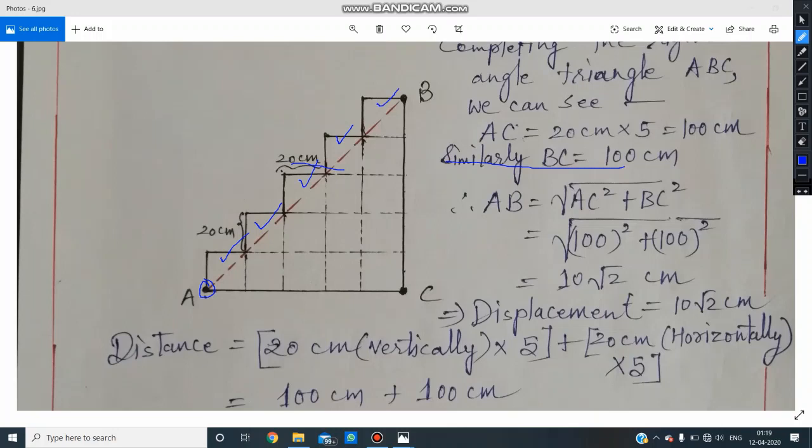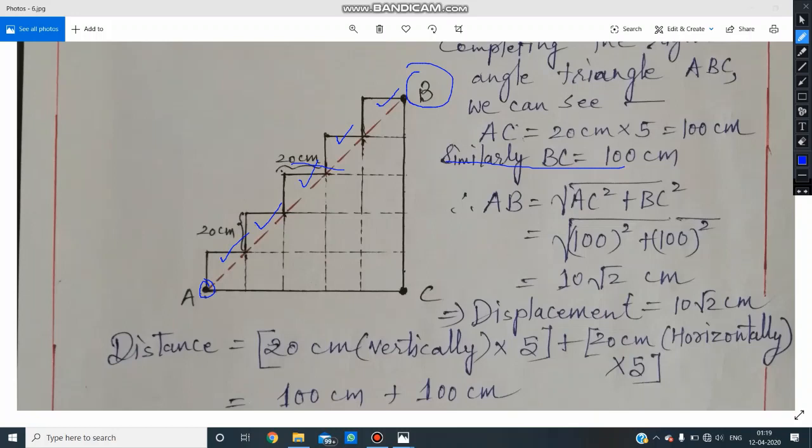And its terminating point, or you can say final point, is B. In this way, we can see that width and height of the staircases are the same. So for this complete journey, its initial point is A and the final point is B. Accordingly, its displacement should be directly A to B, the straight line.